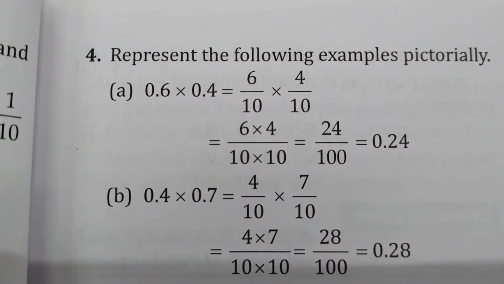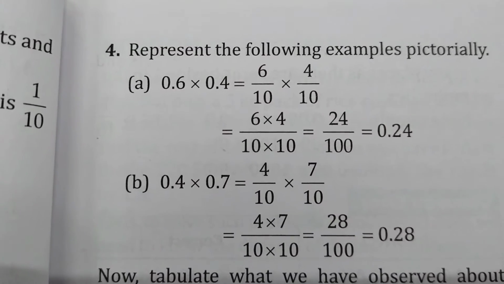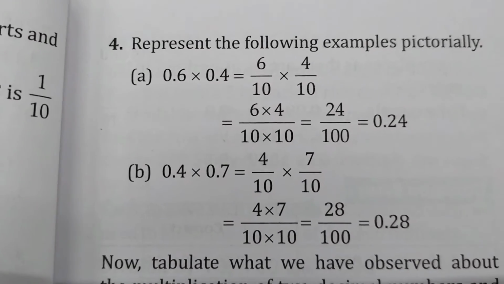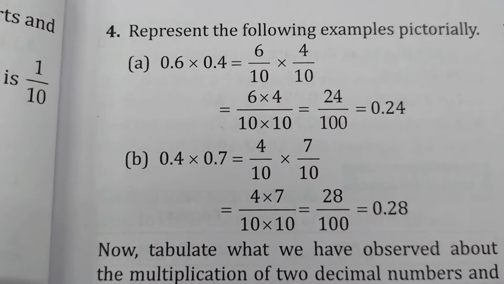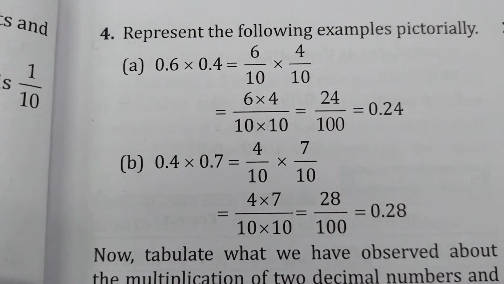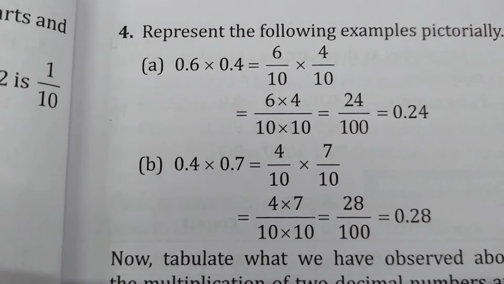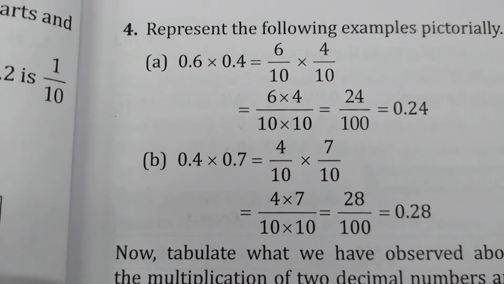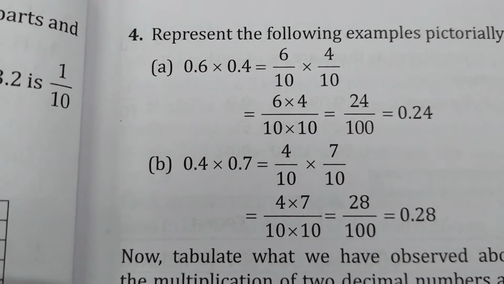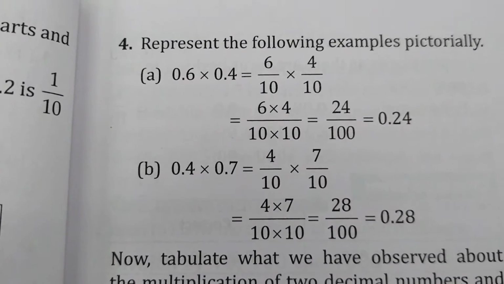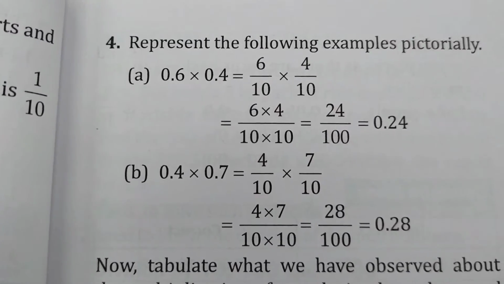Now represent the following practically, pictorially, like 0.6 into 0.4, that is 6 by 10 into 4 by 10. 6 into 4 is 24, 10 10s are 100. If you convert into decimal form, 0.24.